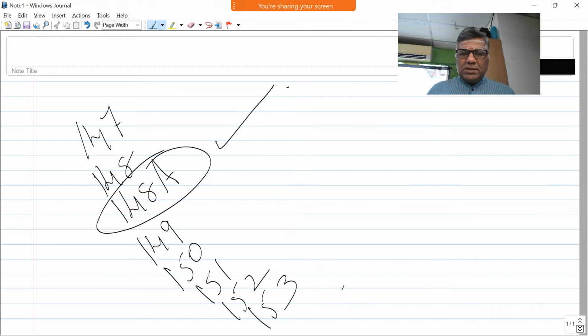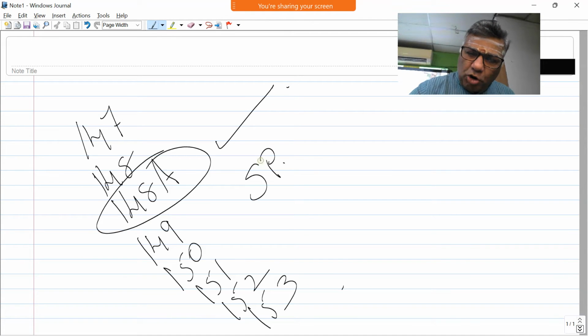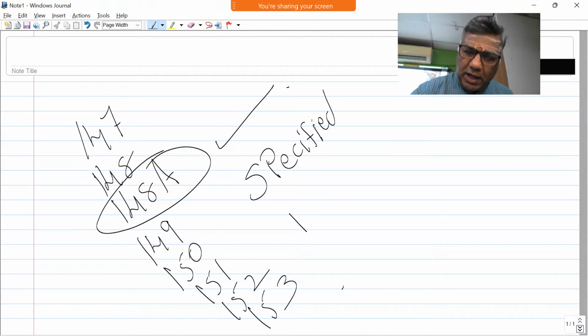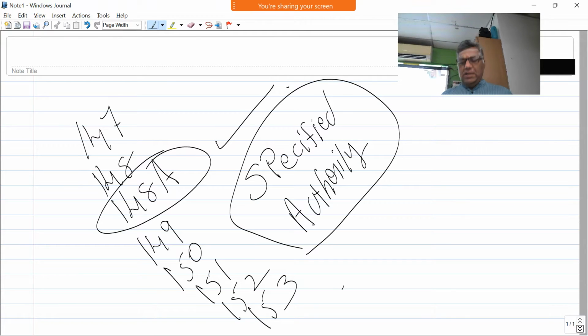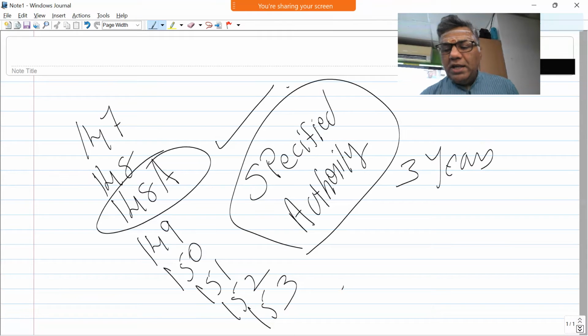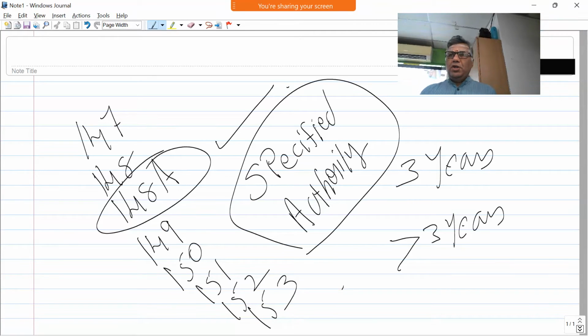In this, everywhere we have seen this word called specified authority. Who is a specified authority? It is easy now to remember the terminology. Up to 3 years, it is above the rank of commissioners. Beyond 3 years, if you want to go for principal commissioner or principal director general, the topmost authority.